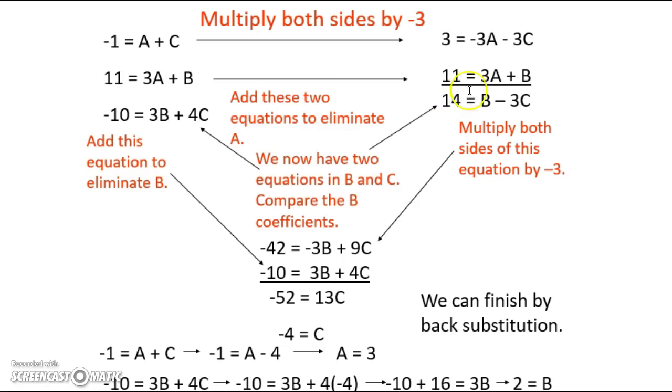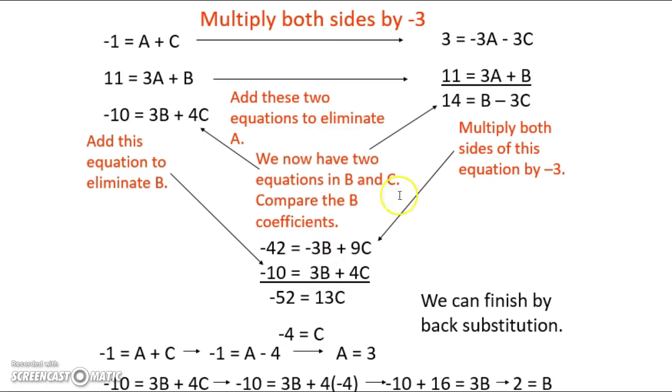So 3 plus 11 is 14, -3a plus 3a is 0, and we have 0 plus b is b, and -3c plus 0 is negative 3c. So we eliminated a from this equation. Now we're going to take this equation and multiply both sides by negative 3 and add it to this equation, because there you can see that we will eliminate b.